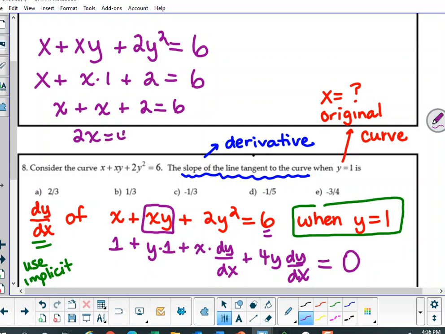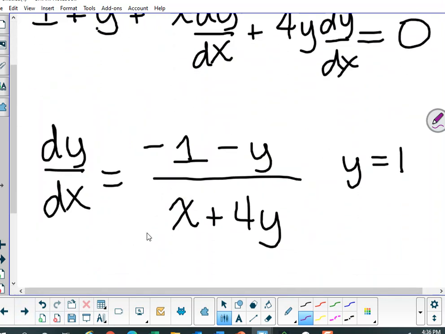So 2x equals 4, x equals 2. When y equals 1 on this curve, x has to be 2. So then that makes that 2. That x is 2. 2 times 1 is 2, 2, 4. That makes that equal to 6.